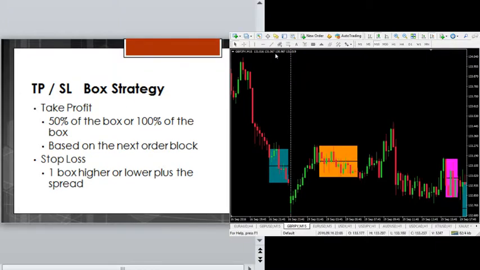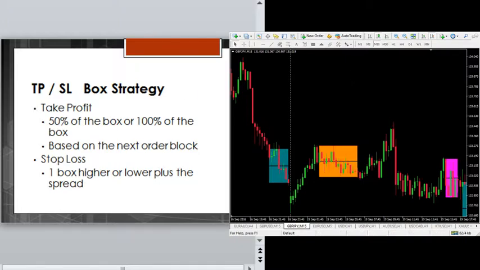As a simple overview of the order block, if you have one swing up and one swing down, the point of intersection of two candles meeting for reversal is your order block, like this one and this one and this one. But that will be a different discussion in the next few slides. Now for the stop loss, it's one box higher or lower plus the spread.